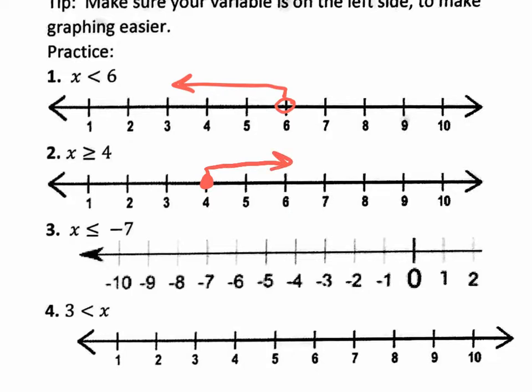Number 3, is it going to be a solid dot or an open dot? Solid dot. Okay, so let's go to -7 and let's put a solid dot right here. And from that dot, am I going to be going to the left or to the right? What do you think? To the left. Why is that? Because this says X is less than -7.